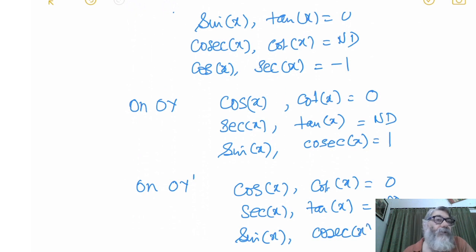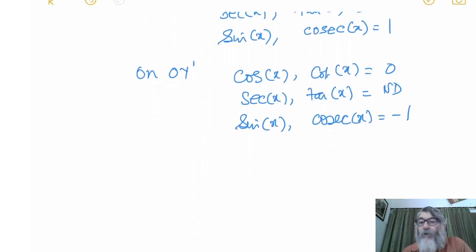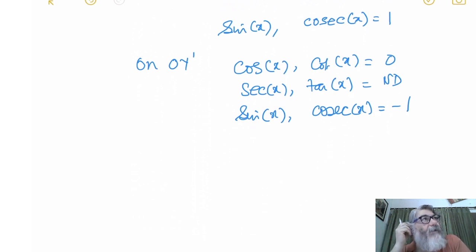We have already told you a method for finding out where the odd multiples of pi by 2 will fall. We said along OY we have (4n plus 1) times pi by 2, and on the lower side it is (4n plus 3) times pi by 2.